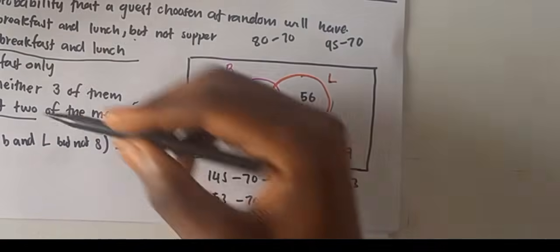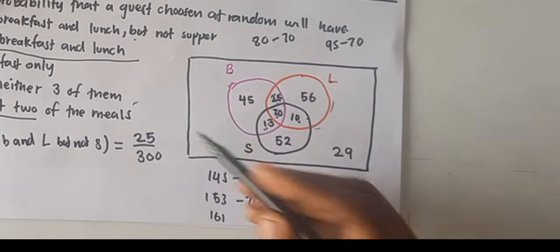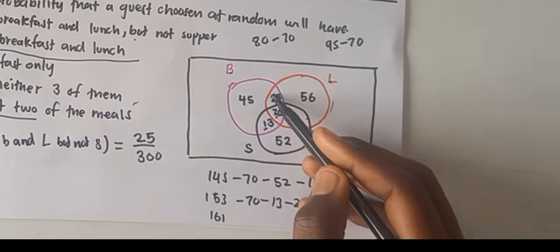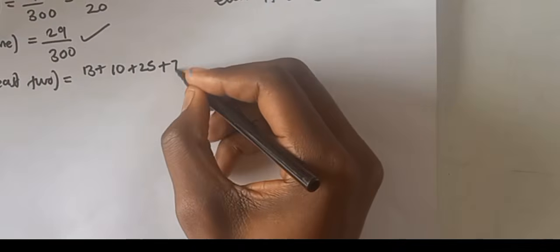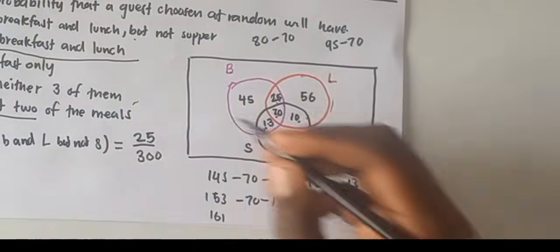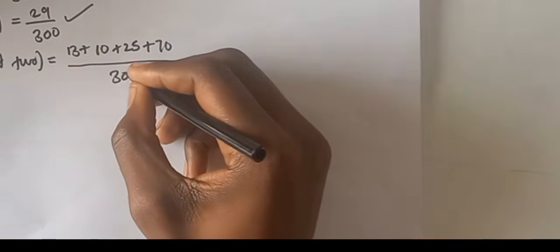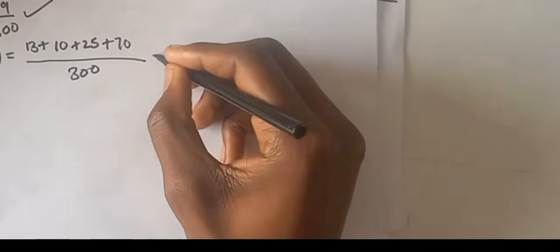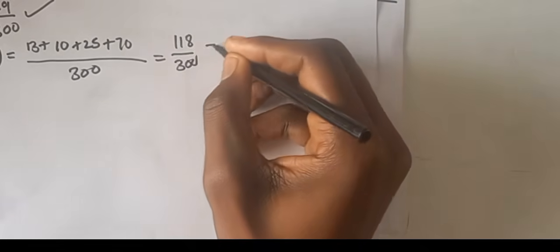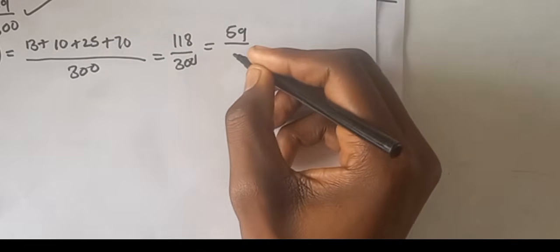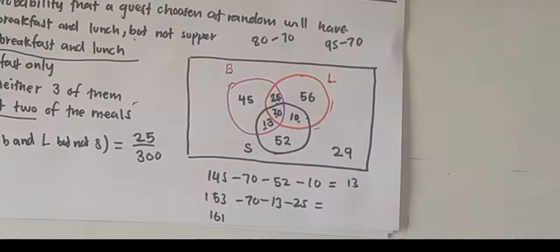It's either at least 2 of these, or all 3 of them. So we also have to add 70, and we divide with the total, which is 300. If you add these up, it gives you 180 divided by 300, which gives you 3 out of 5.